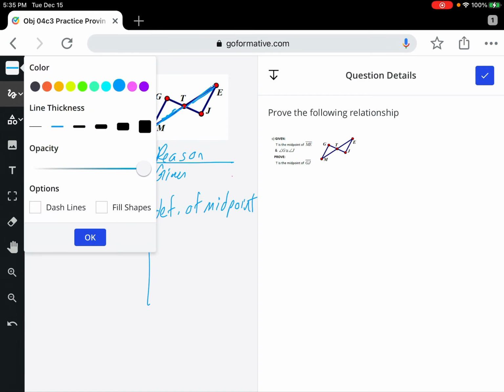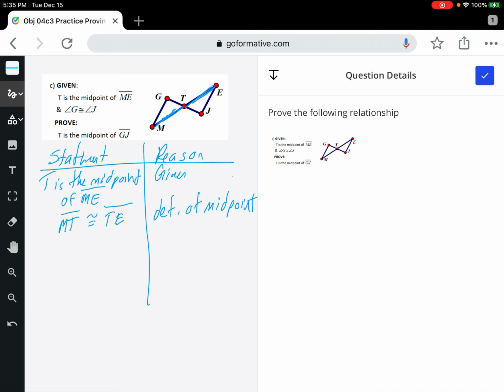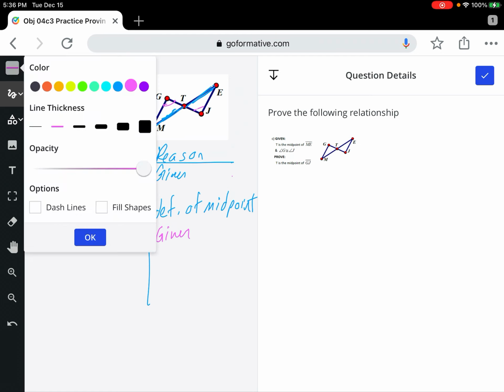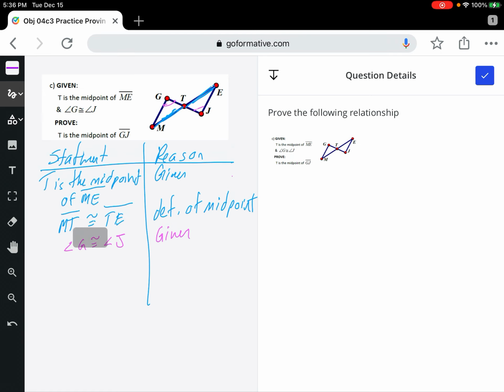I look at my other given. You guys don't have to do it in this order. You can put your givens first and then come to your conclusions. You're also given angle G is congruent to angle J. Also given to you. I don't have anything else. Well, I also know that my vertical angles are congruent.